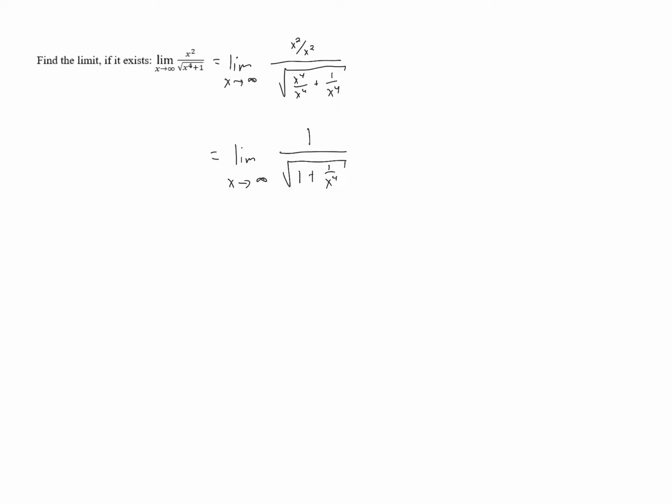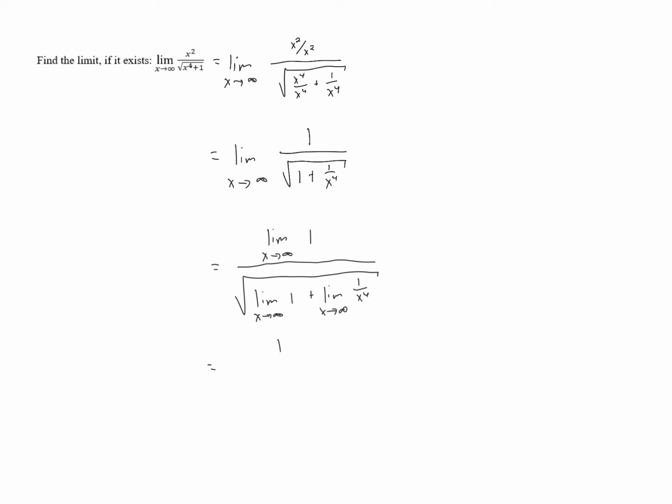And so if we go ahead and apply all of those laws, we end up with the limit as x approaches infinity of 1 over the square root of the limit as x approaches infinity of 1 plus the limit as x approaches infinity of 1 over x to the fourth.